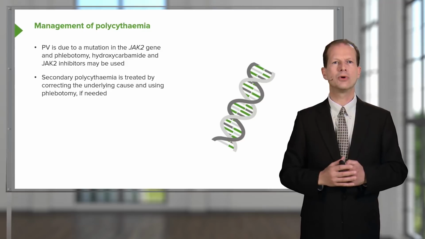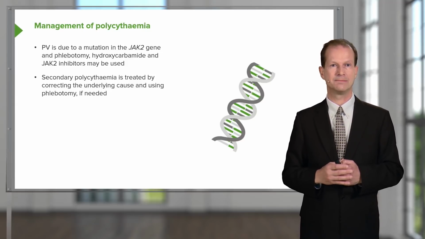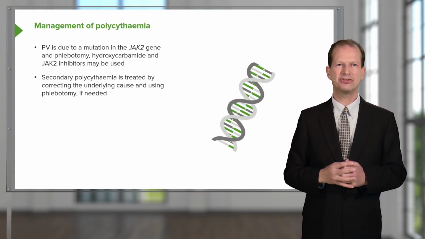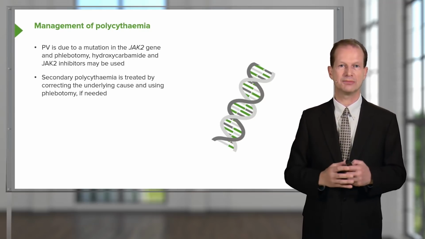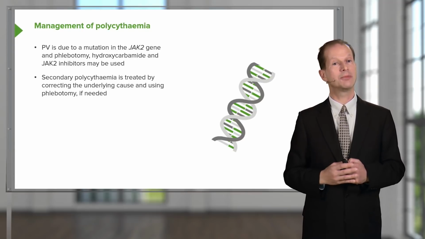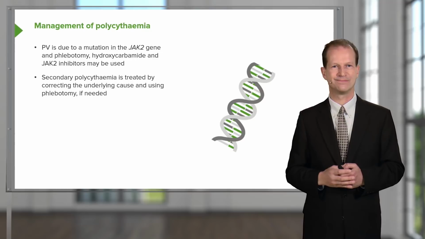And I'll talk more about that in the lecture on myeloproliferative diseases. Secondary polycythemia is best treated by correcting the underlying cause, stopping a patient smoking, trying to treat the lung disease, but you can use phlebotomy, taking off blood donations if you need to.